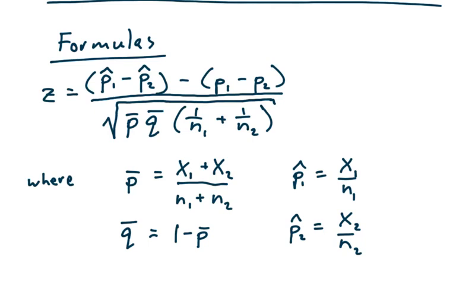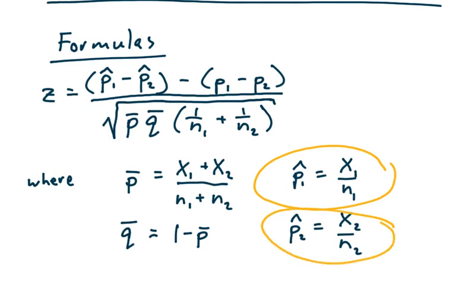The most important thing to do here is to make sure that we can keep track of all of the different P's and Q's. Literally, we have the ones with the hat over here, such as P1 hat and P2 hat. These are the sample proportions. So to compute P1 hat, we would take x1 divided by n subscript 1.